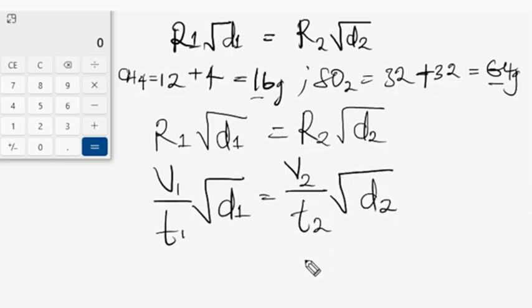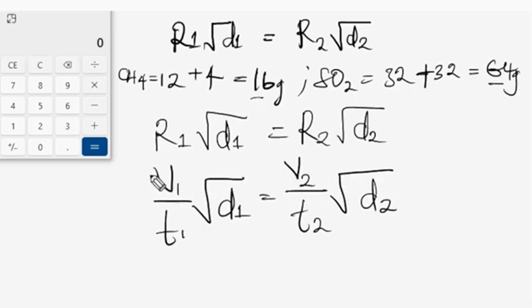root D2. So guys, at this point we're going to substitute every other thing here, and remember we are looking for our T2. So from the question we have that V1 will be equal to V2, since the question says a volume of methane diffuses in 20 seconds, how long will it take the same volume of sulfur dioxide?